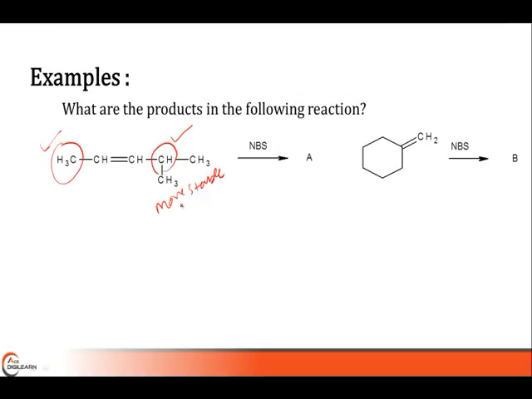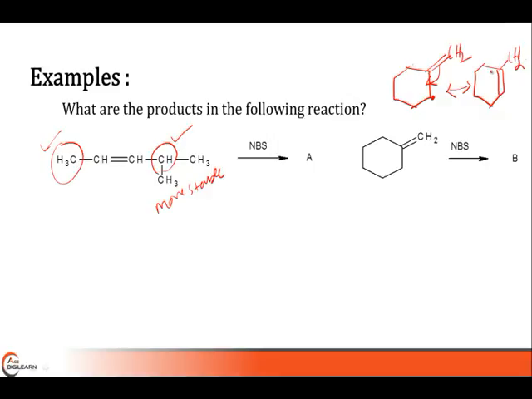And in the second example, we can see a double bond outside the ring. So when the free radical is formed, we have this free radical at the allylic position. This can undergo a rearrangement so that the double bond can come inside the ring, resonance stabilized. This is CH2.